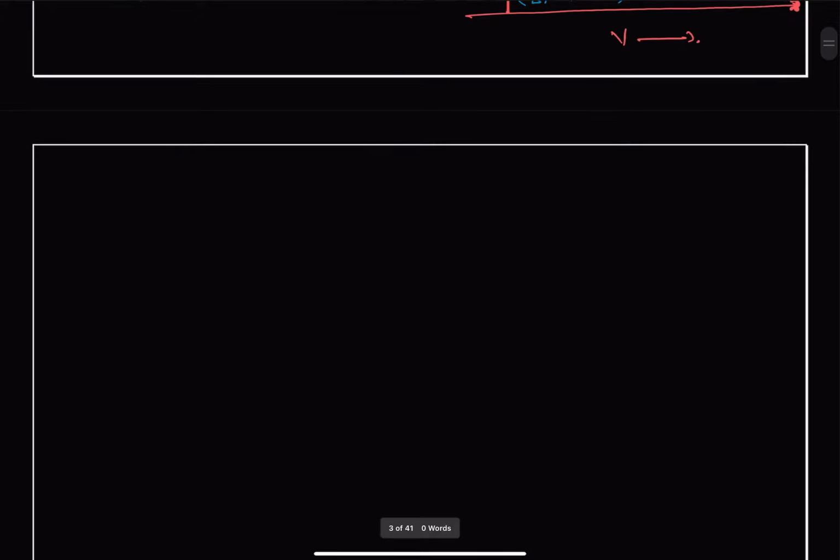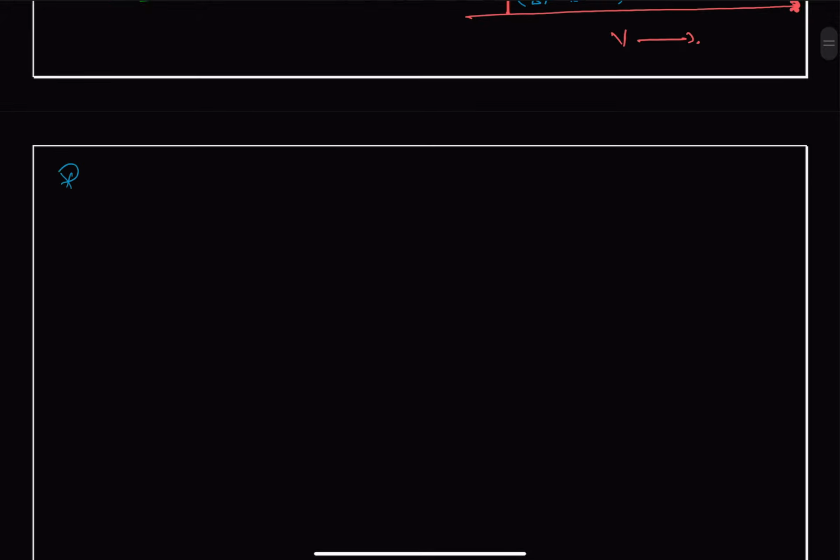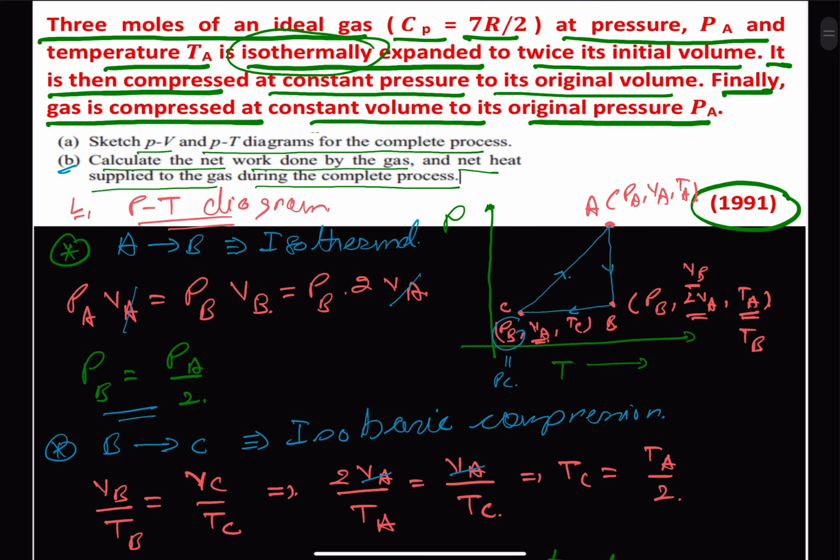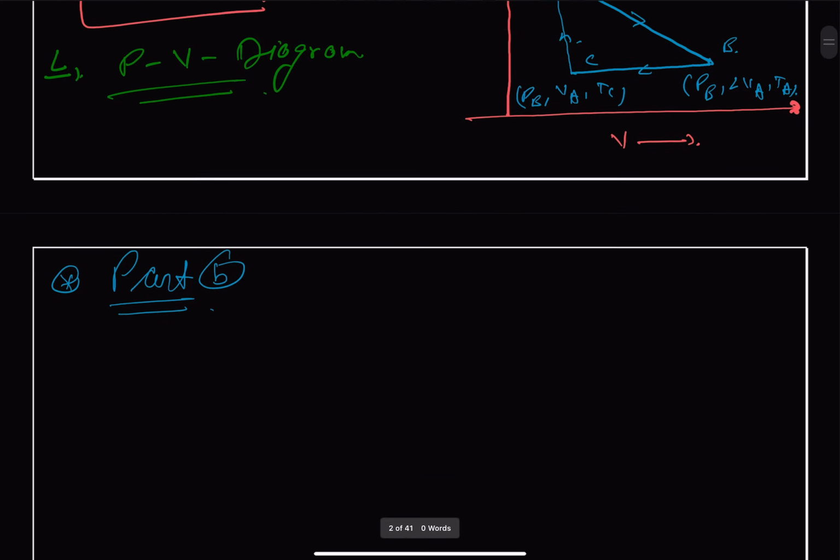So for part B, the important thing here is that it comes to the original position in both our PT as well as PV diagram.